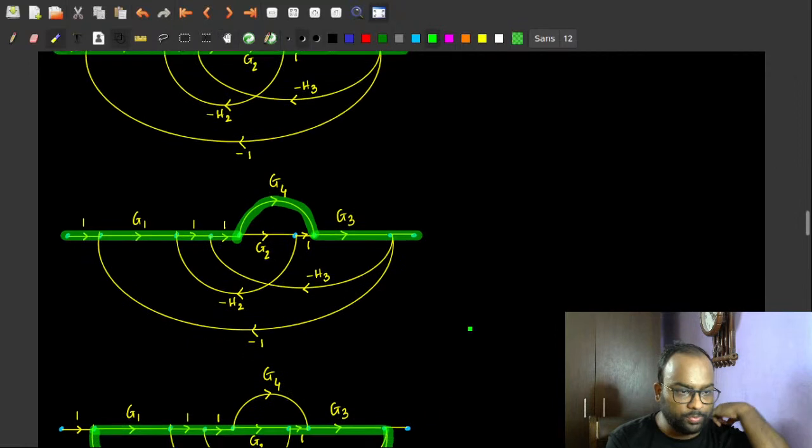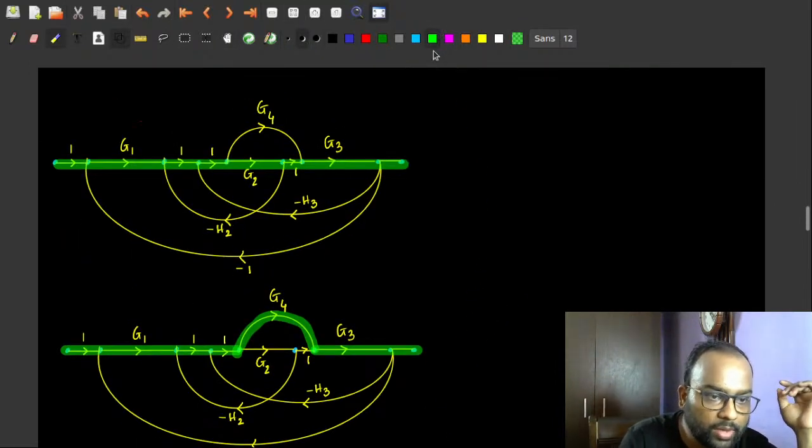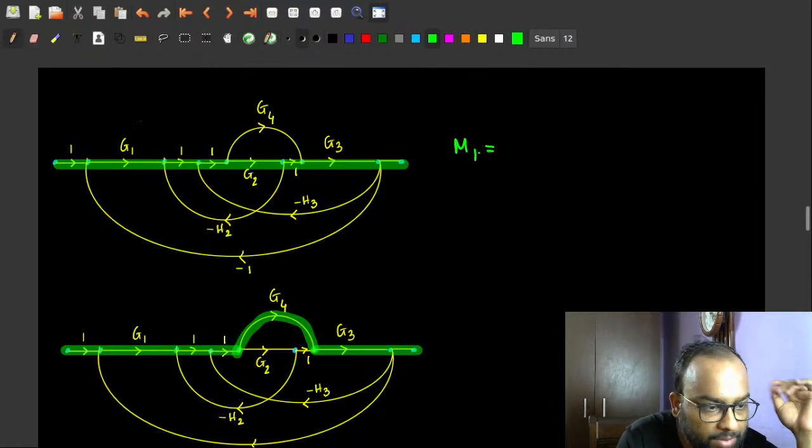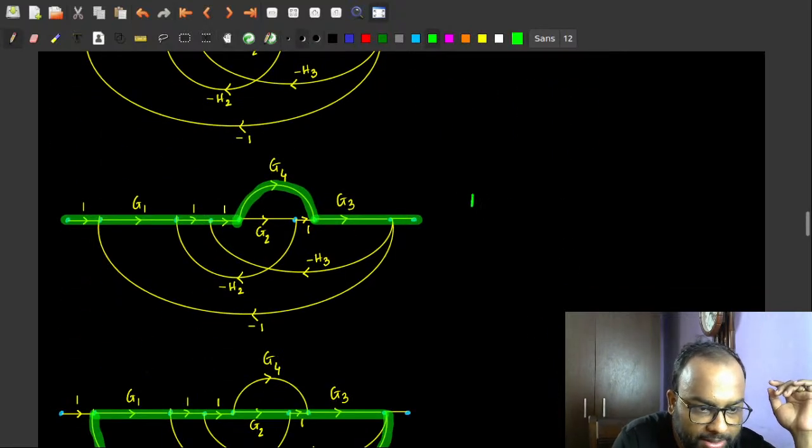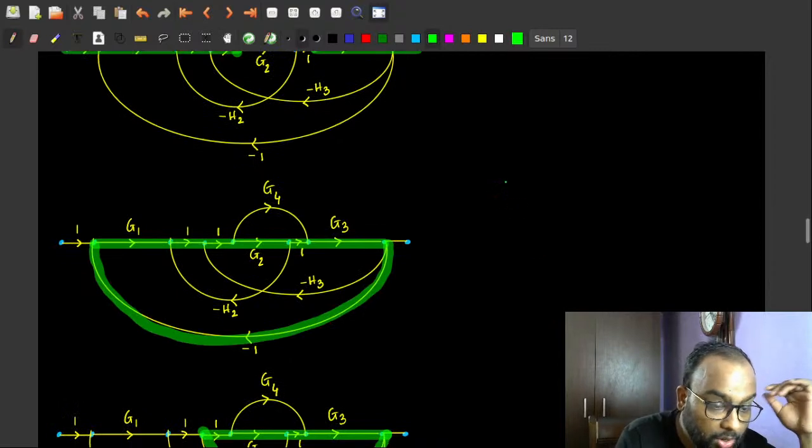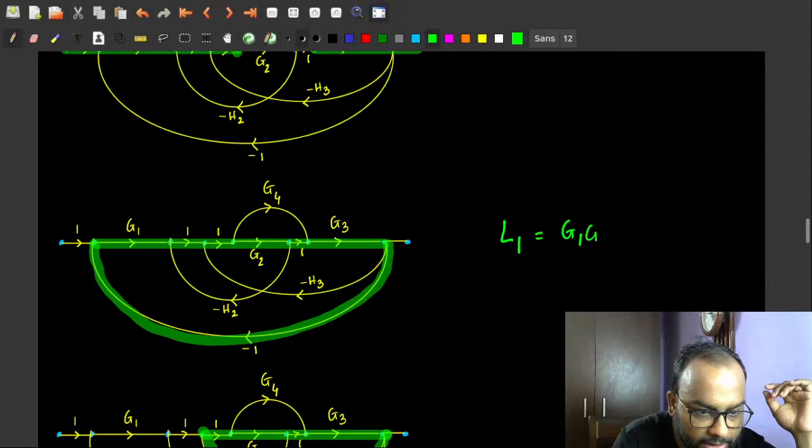So there are 5 loops and 2 forward paths. For this forward path, the gain M1 is G1, G2, G3. For this forward path, gain M2 is G1, G3, G4. For this loop, the gain is G1, G2, G3 and a -1.